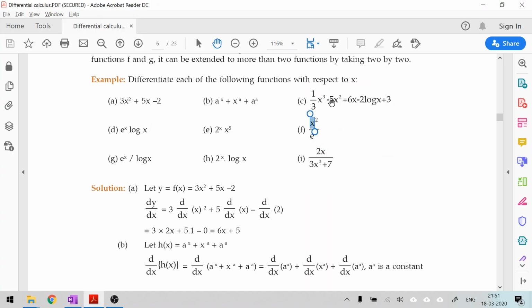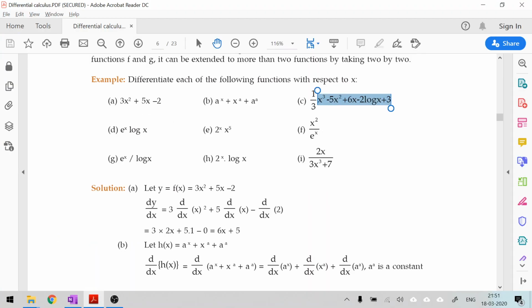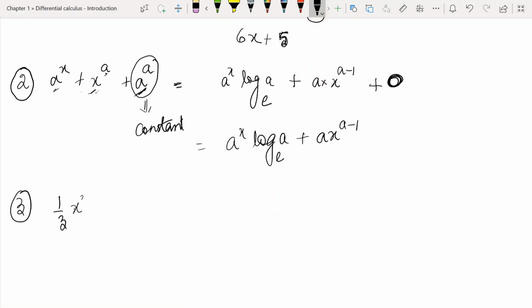So the third question is this. We have 1 by 3 x cube minus 5x square plus 6x minus 2 log x plus 3.